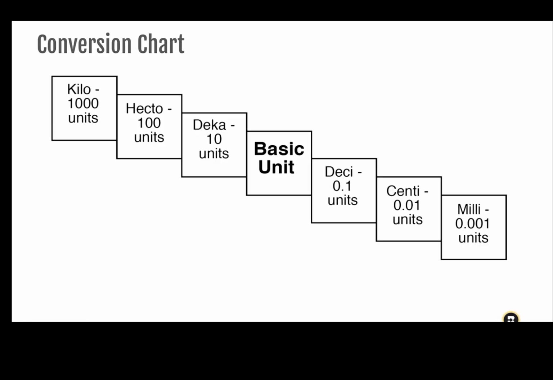So here is the conversion chart, and we'll talk about this for the different bases. This chart is super helpful in changing between units. For example, we're talking about distance, so the unit is a meter, and that goes in the center here for the basic unit.